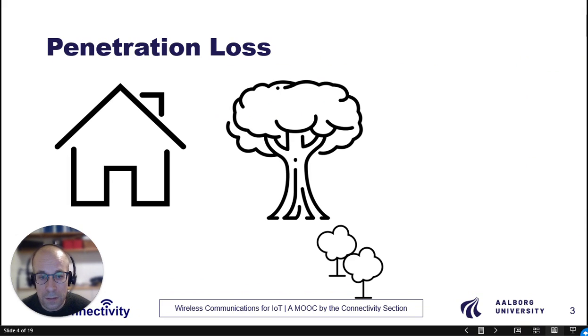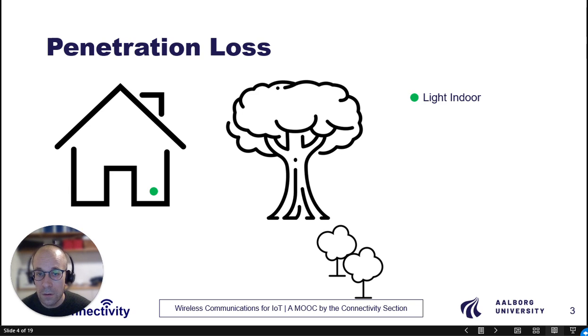Penetration loss is referring to the attenuation when going from an indoor propagation environment, for example, to an outdoor propagation environment. So penetrating whatever installation we have for our device. For smart metering, we are usually talking about three archetypes of installations.